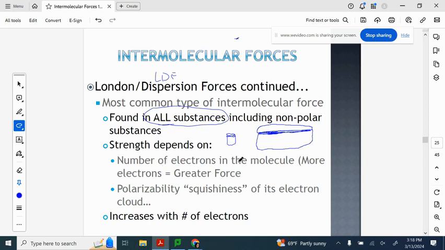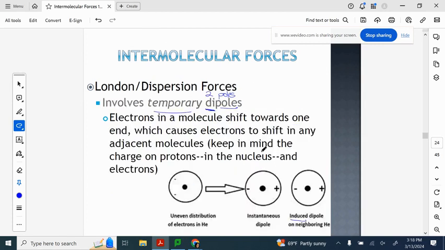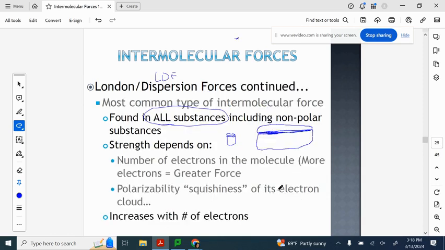Okay. It's the same idea with these electrons. As you increase the number of electrons, you have more electrons to shift going back and forth here. So the more electrons you have to shift, the stronger your LDF is going to be. Does that make sense?